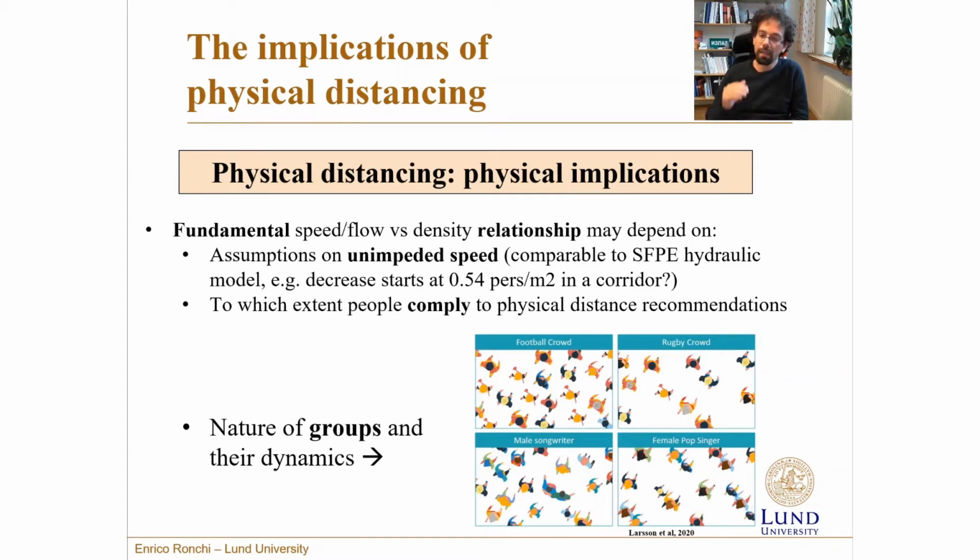So we cannot just run an evacuation model with the default fundamental speed-flow-density relationship that we have in it, because those are based on data that were collected when there was no pandemic. And there is another aspect which is very important for evacuation, which we don't really know, and it is to which extent people will comply with physical distance recommendations during an emergency.